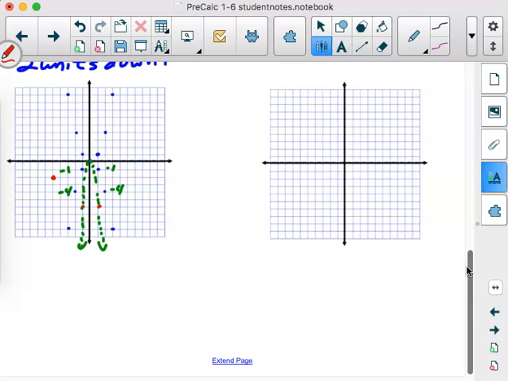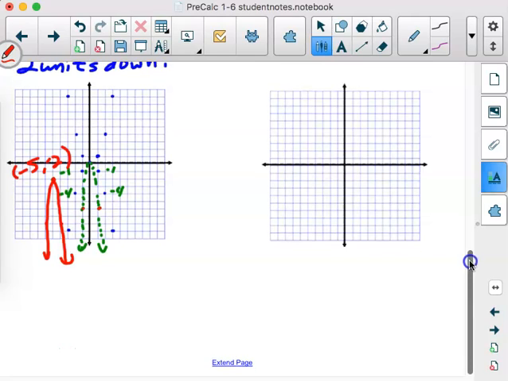So my 5 to the left and 2 down. And there is our upside down skinny little parabola back at (-5, -2) for the vertex. And that's going to be important when we talk about the domain and range.